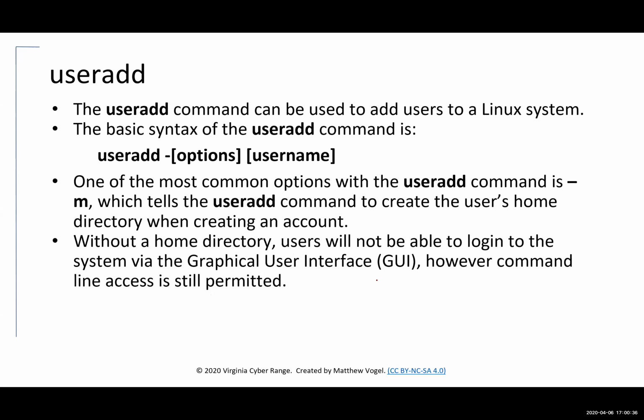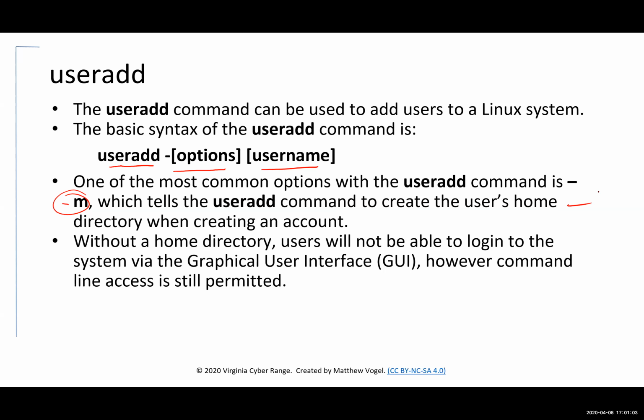So we'll start with useradd. The useradd command can be used to add users to a Linux system. Basic syntax is, like many Linux commands, useradd, then command line options, and then we'll be assigning a username. One of the most common options with useradd is the -m command line option, which tells useradd to create the user's home directory.